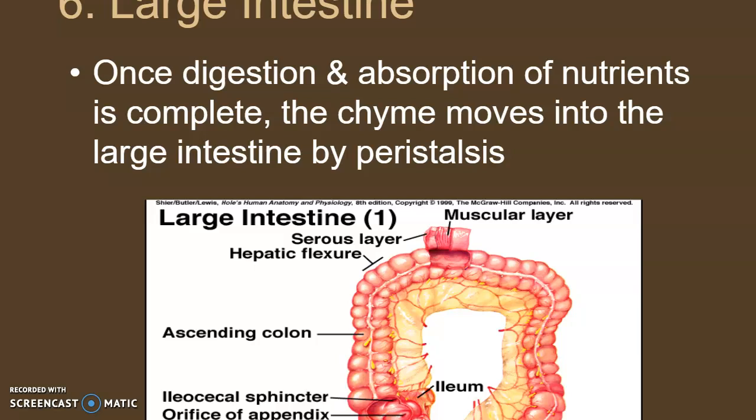Peristalsis is the squeezing muscle action that pushes food through the entire alimentary canal, from the stomach into the small intestine and then into the large intestine. The pushing of material through the large intestine also occurs by peristalsis. So here's the first part of the large intestine. Chyme comes in the large intestine, around, up, over, and down, and then out.